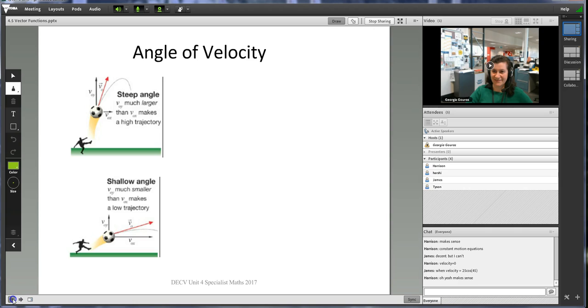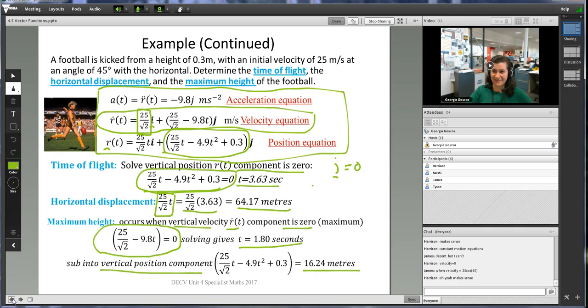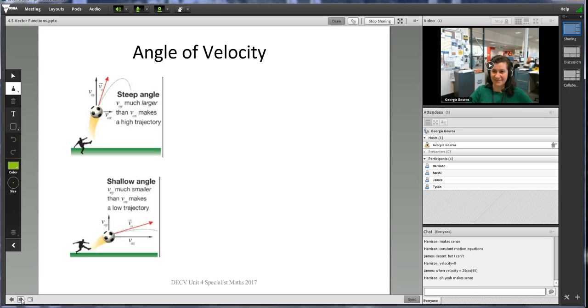So, yeah. Hopefully you understood that example. That's a typical kind of example, using the acceleration, velocity and position equations for a projectile. So what actually happens? If you think about this launching angle, it affects things, right? A steep angle means the vertical component is much larger.